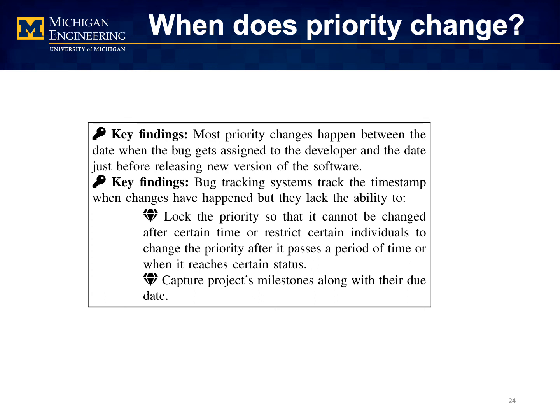In addition, bug tracking systems track the timestamp when the changes happen, but they lack the ability to lock the priority so it cannot be changed after a certain time, or restrict certain individuals from changing the priority after it reaches a certain status. Also, they lack the ability to capture project milestones along with their due dates.